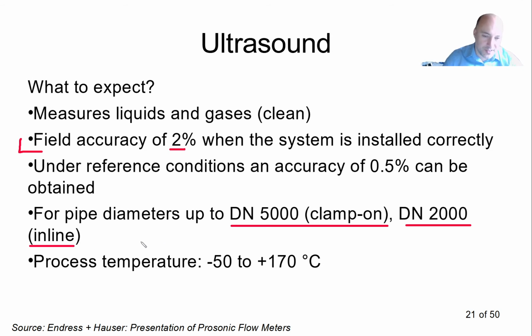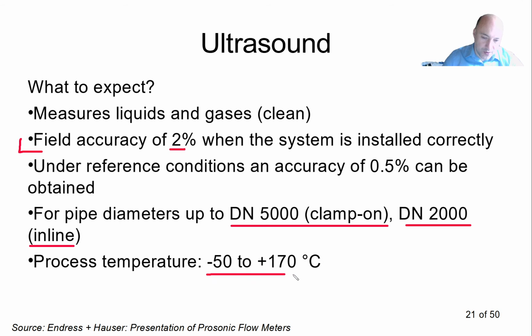Now the inline system is where you have the ultrasonic flow meter as a device that is installed with an armature directly in the pipe. So for the inline system, you need to interrupt the process, you need to drain the pipe, and then you can install the flow meter. But for larger diameters, it's more advantageous to have the clamp-on system, at least from an installation point of view.